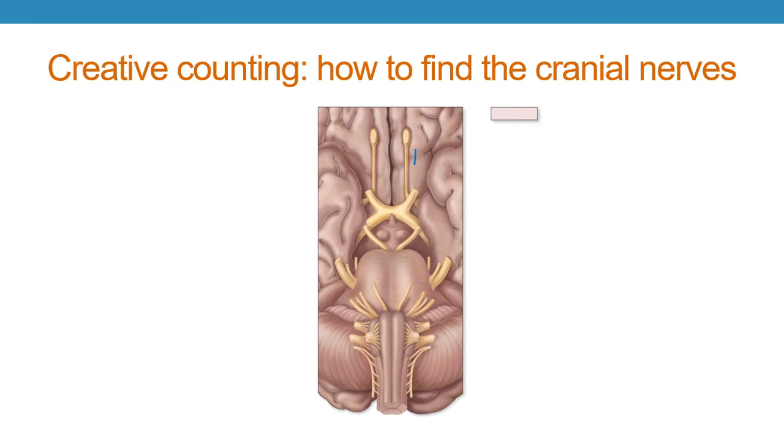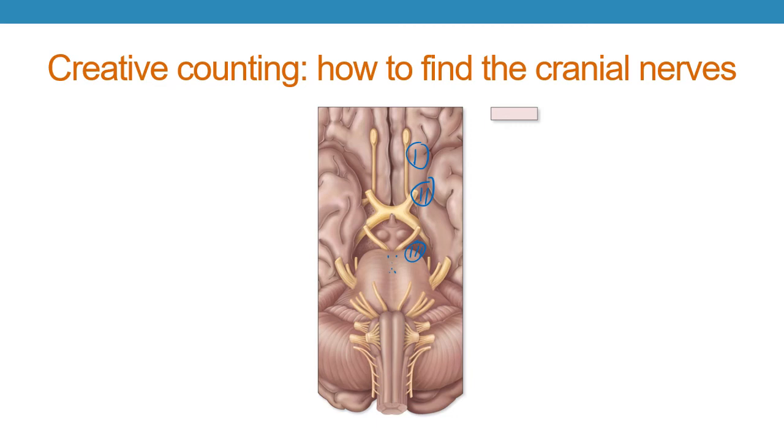Okay, cranial nerve 1 starts at the very front of the brain. Cranial nerve 2 just behind it. Cranial nerve 3 sits here at the top of the pons. It actually comes out from a little groove between the halves of the midbrain.